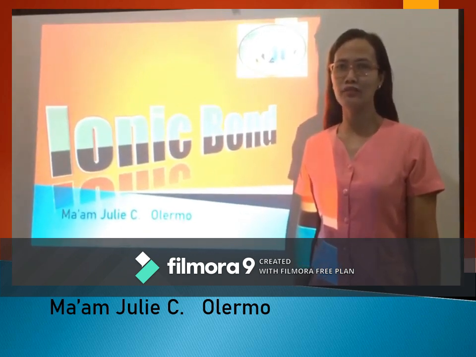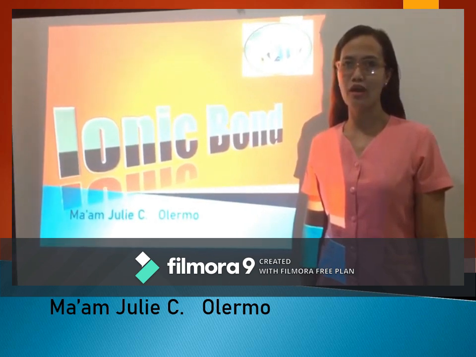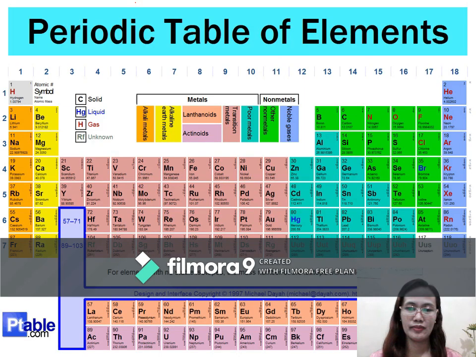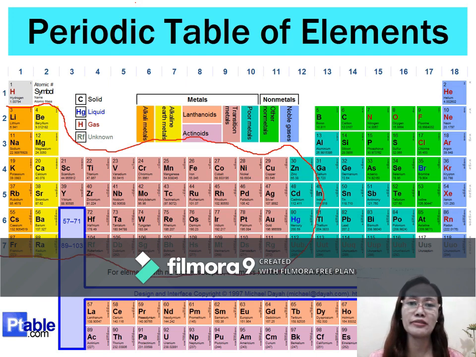In this lesson, we need to recall where you can find metals and non-metals. Look at this periodic table. So let us review the periodic table. Elements located at the left side of the zigzag line, except hydrogen, are considered as metals.